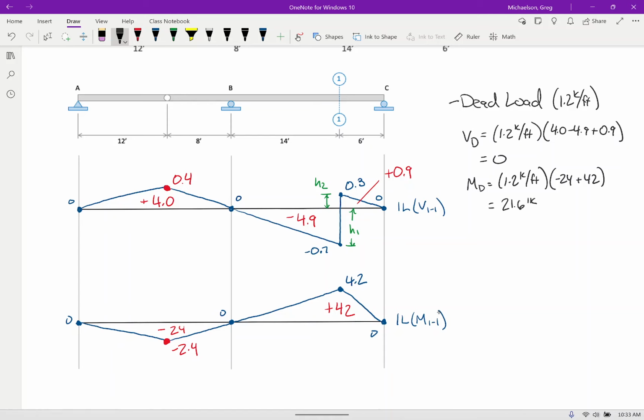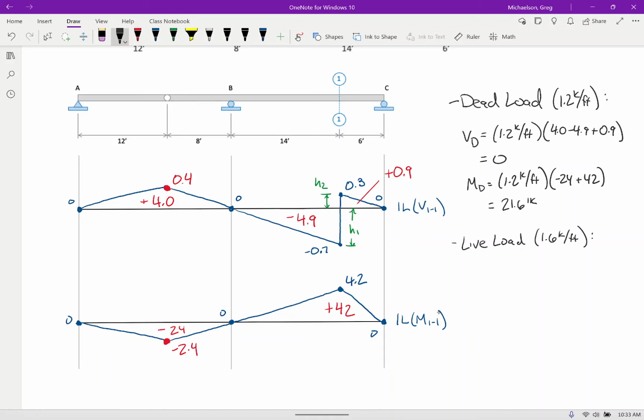So what about live load? Okay, so let's deal with live load. Let's deal with the kip per foot first.